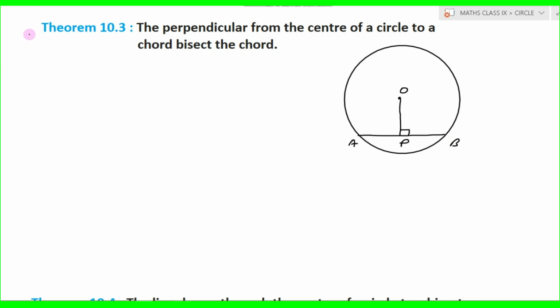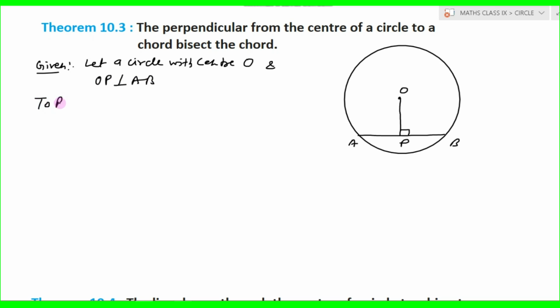So what statement is given here? Given is, let a circle with center O and OP is perpendicular to AB. Your question asks to prove that this perpendicular bisects the chord.